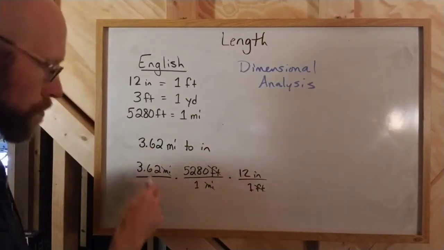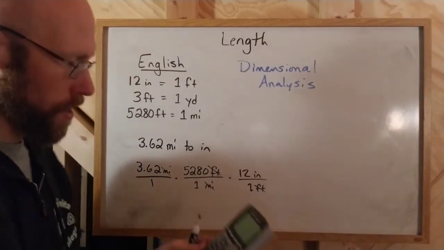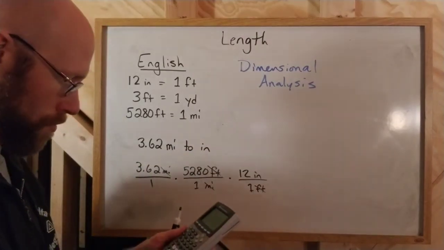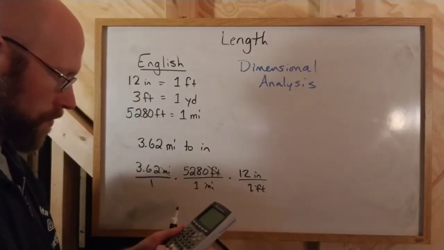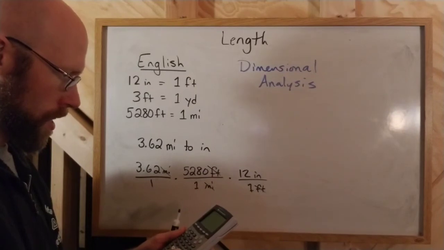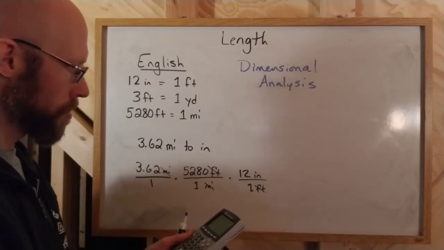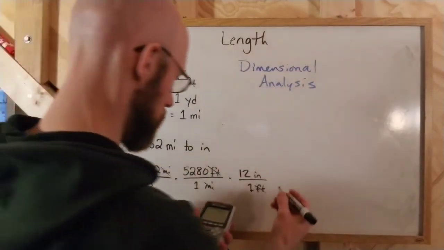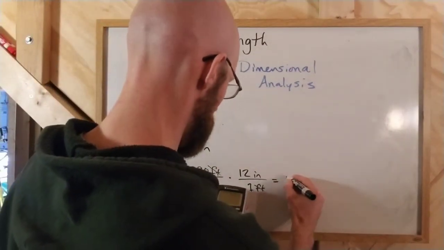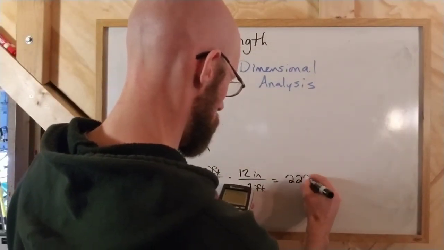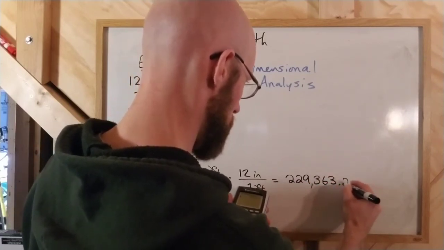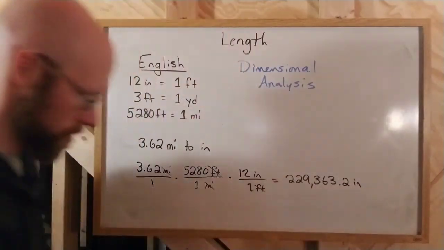I just have to go 3.62, and I'm going to throw that one in the calculator. I'm not doing that one in my head. So 3.62 times 5280 times 12. And that is an interestingly large number. It is 229,363.2 inches.